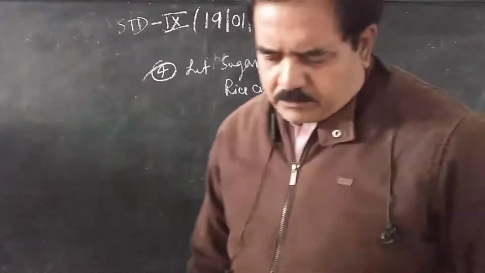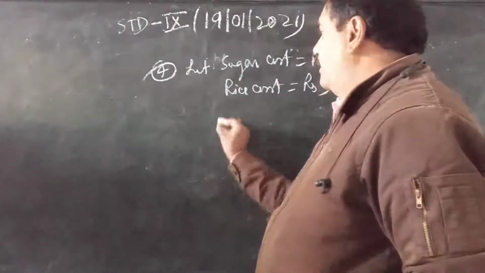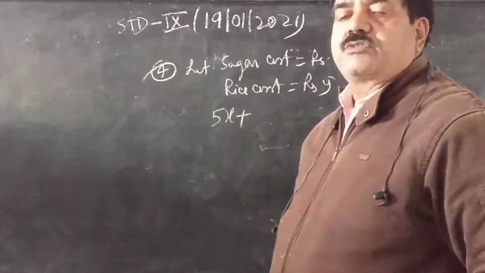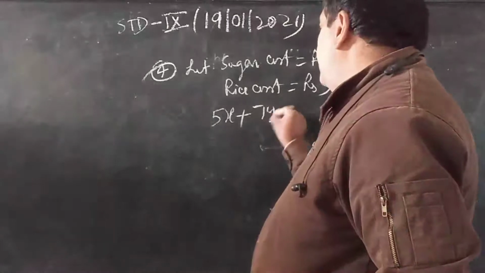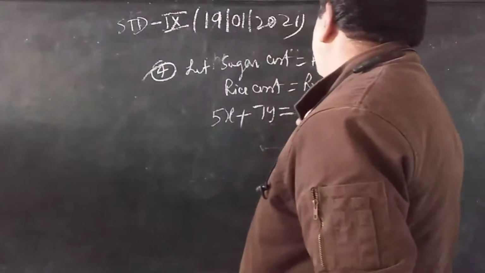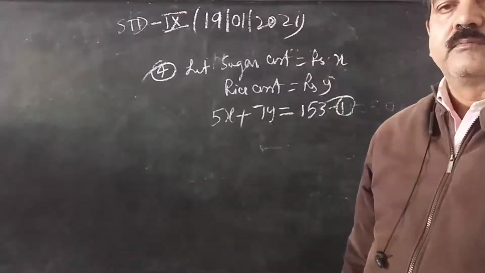Right. So 5 kg sugar cost, what is the total cost of 5 kg? 5x. 7 kg rice cost, what is the total cost of rice there? 7y. Together their cost is given 153. This will give the first equation.